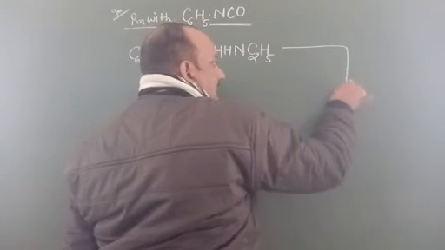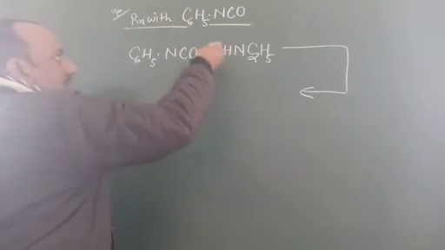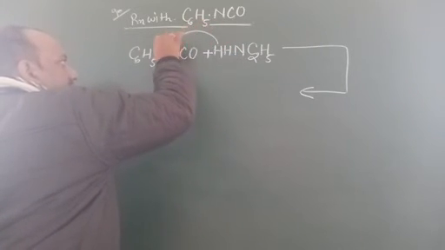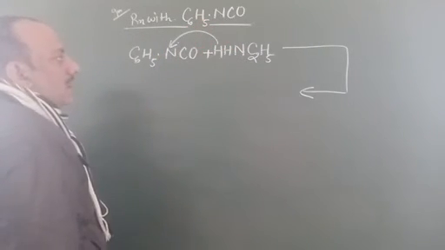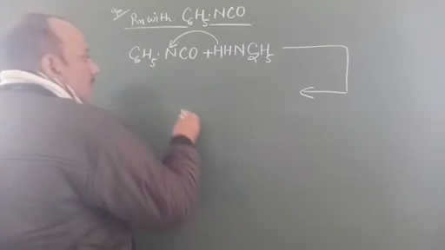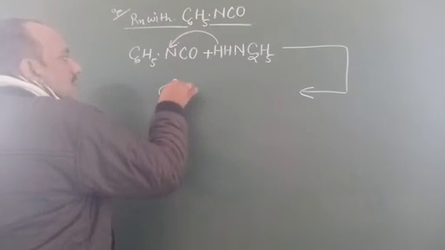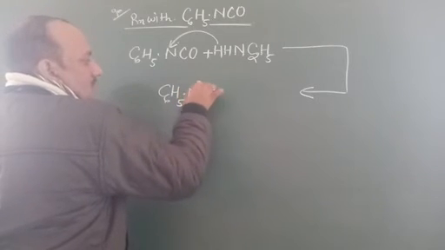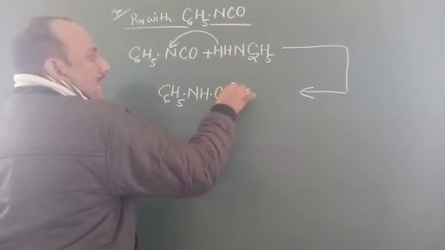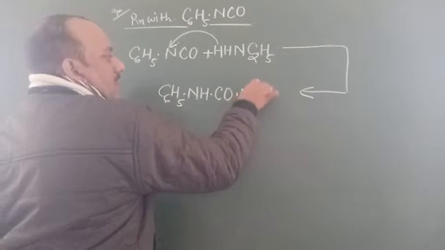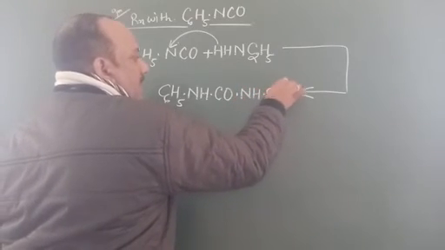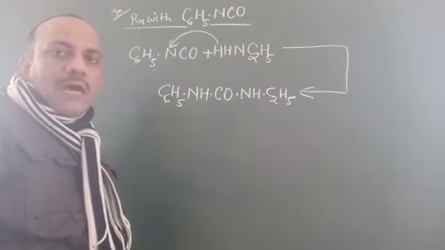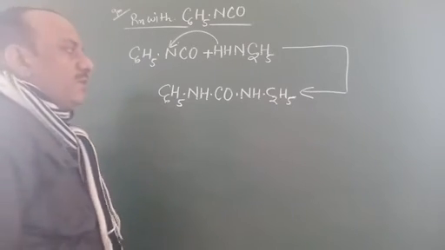This reaction gives an addition product because a single hydrogen of the NH2 group is conjugated with this nitrogen to form C6H5NHCONH and C2H5. Students, you also know that the formula of urea is NH2CONH2.